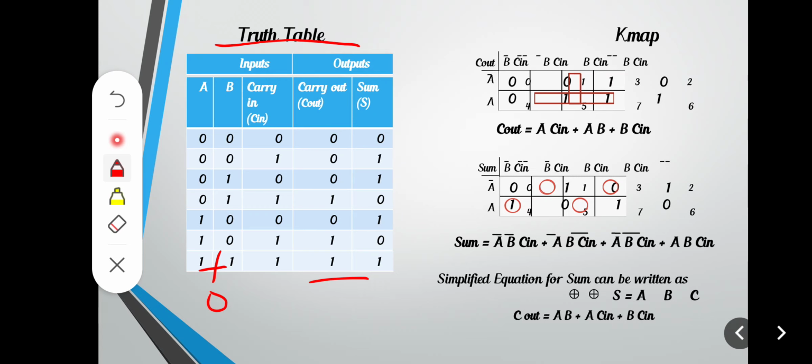That means here the sum bit is equal to 0 while the carry bit is equal to 1.